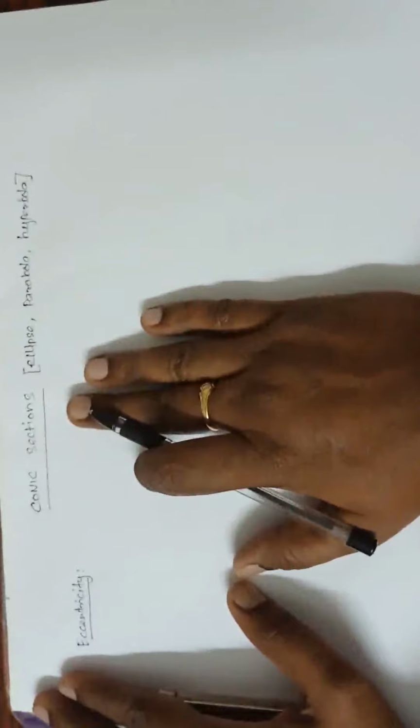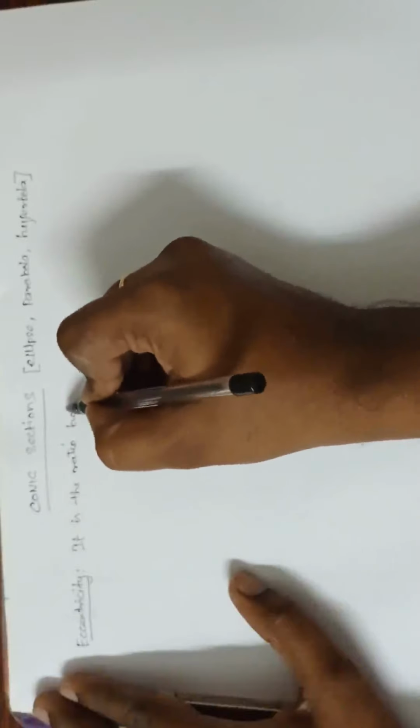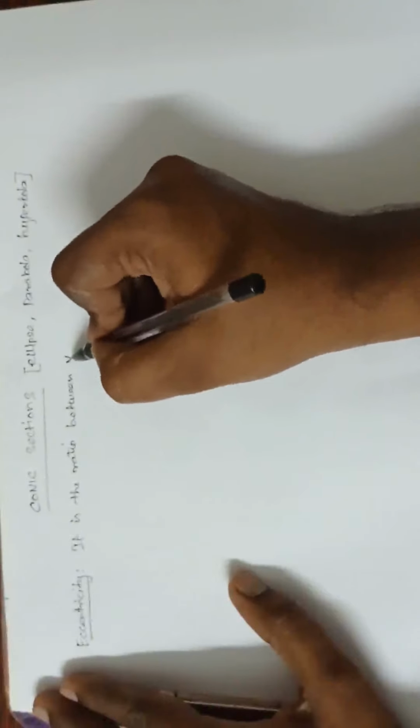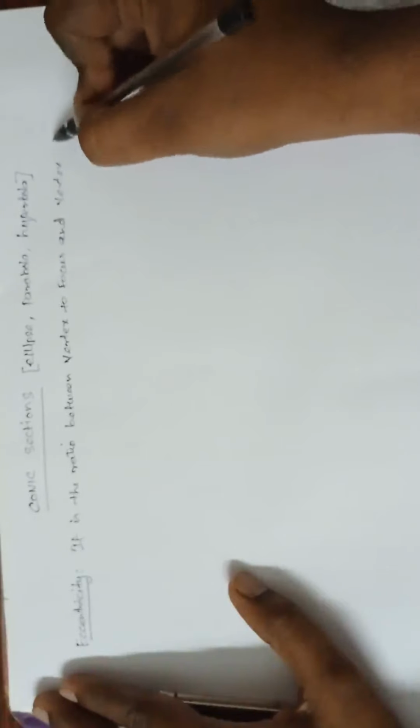Eccentricity means it is the ratio between vertex to focus and vertex to directrix.